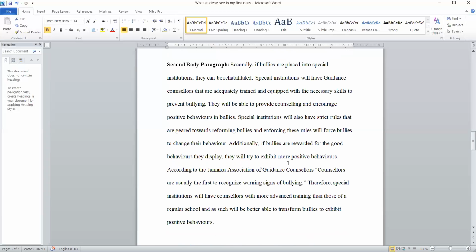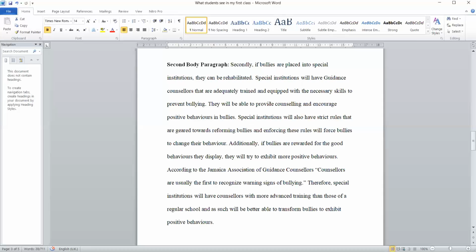Alright. So for the second body paragraph, our second point was that if bullies are placed into special institutions, they can be rehabilitated. And what rehabilitation means is just that they will change or transform their behavior. It will be modified in some way. So my explanation was that special institutions will have guidance counselors that are adequately trained and equipped with the necessary skills to prevent bullying.